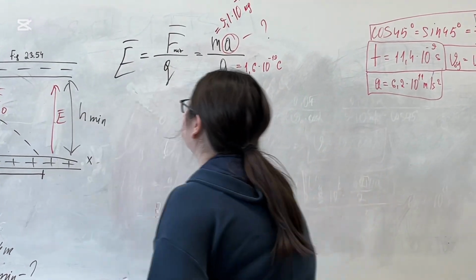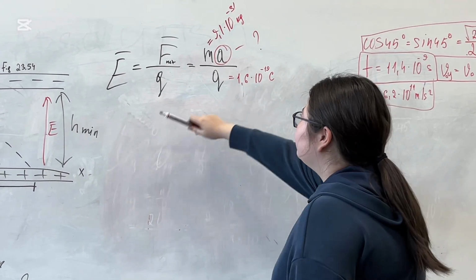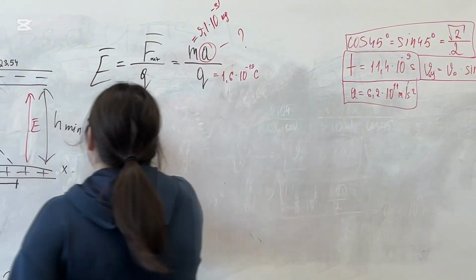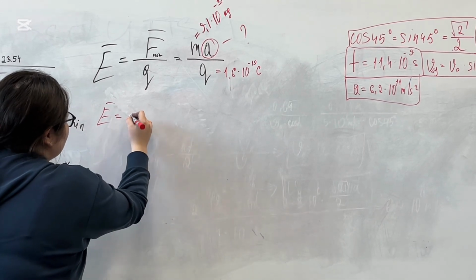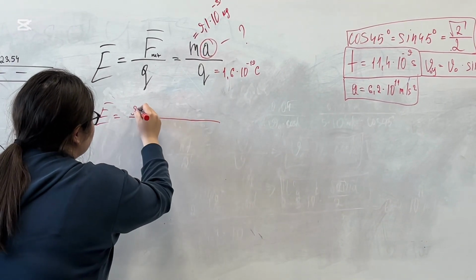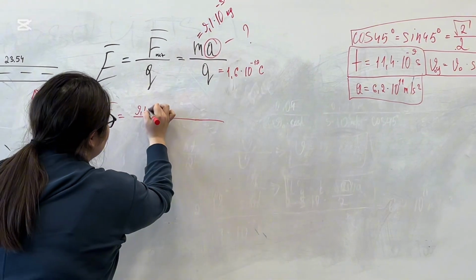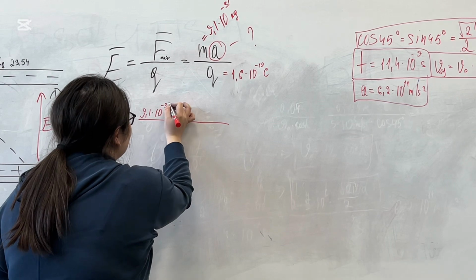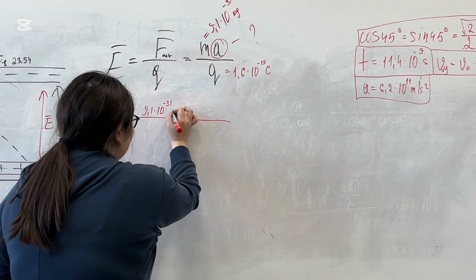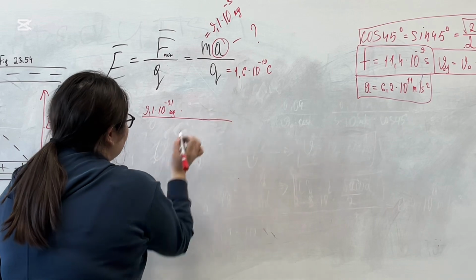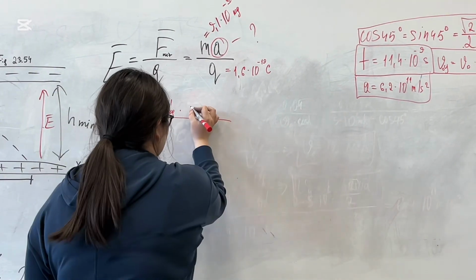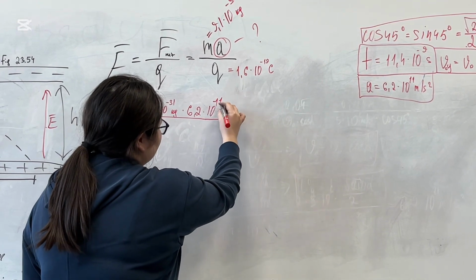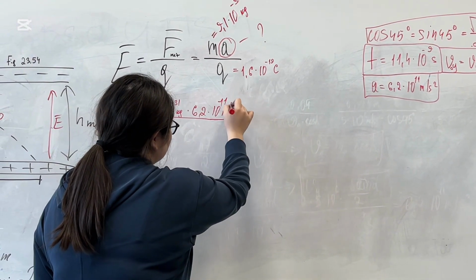Okay, let's see. To find the electric field, we only needed acceleration. Here, we found it. Now, let's calculate our electric field. It's equal to, as we previously said, the mass of an electron, which is 9.1 multiplied by 10 to the power of minus 31, multiplied by our acceleration that we found, 10 to the power of 14 meters per second squared.